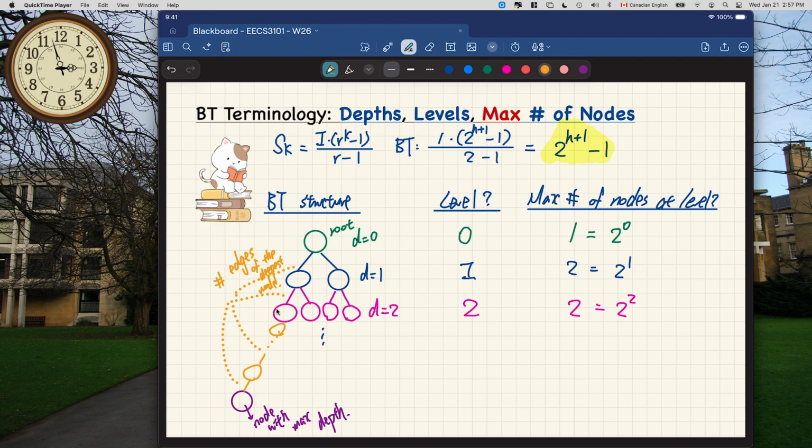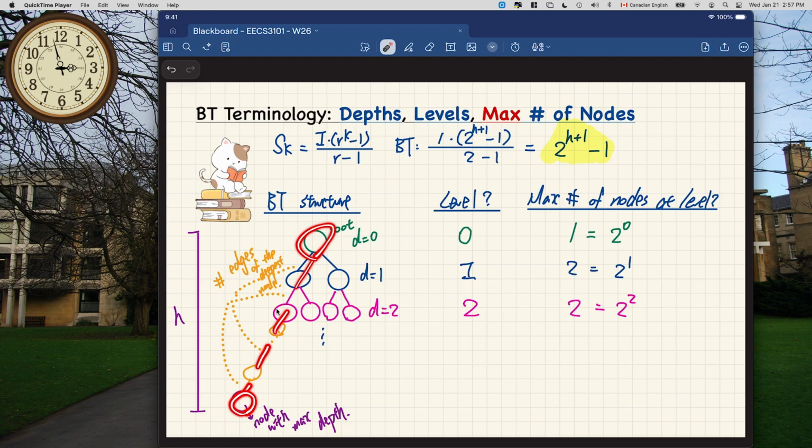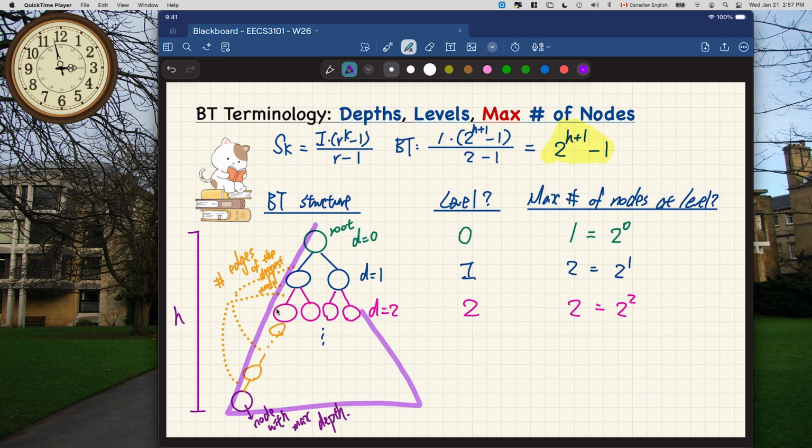So let's put h there, and then we can figure out the rest. So conceptually, this height of the tree will be h. That means when you go from the deepest node all the way up to the root, you have to take h edges. All right? And I can make the tree a little bit more like a tree.